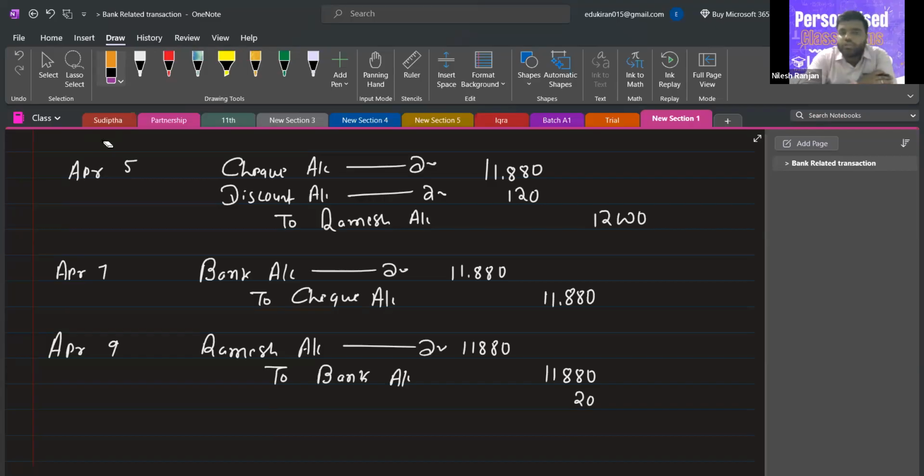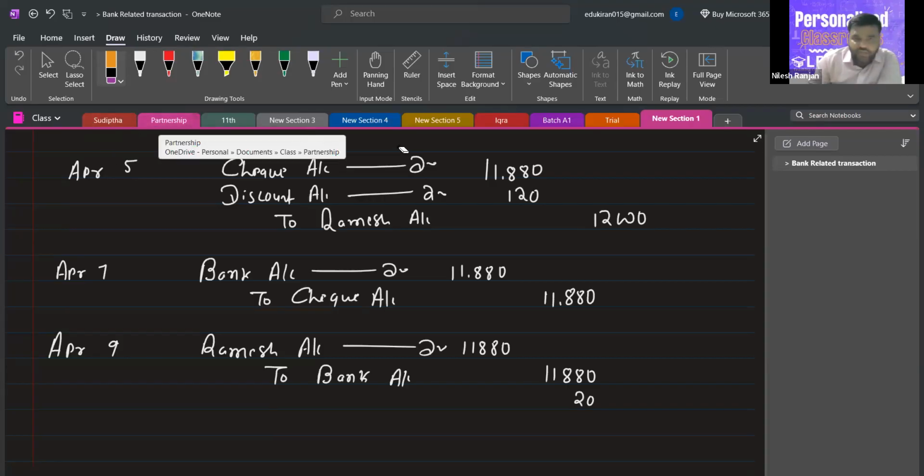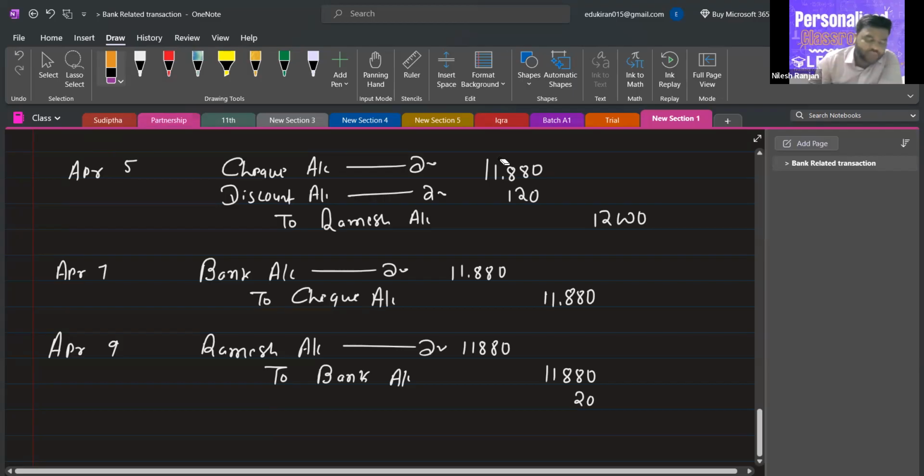So the amount received will be less than 12,000, yes or no? But in the question, it is assuming that 12,000 is received from Ramesh as check.